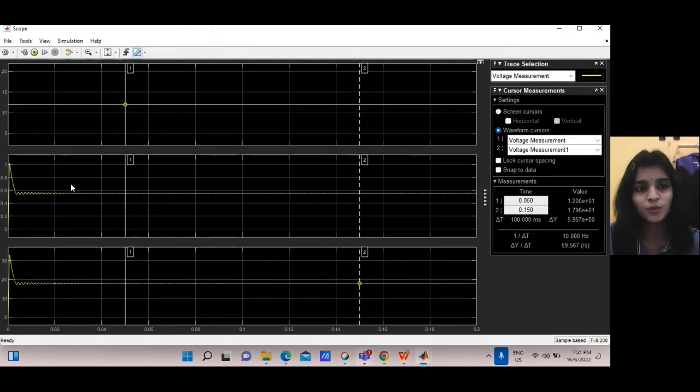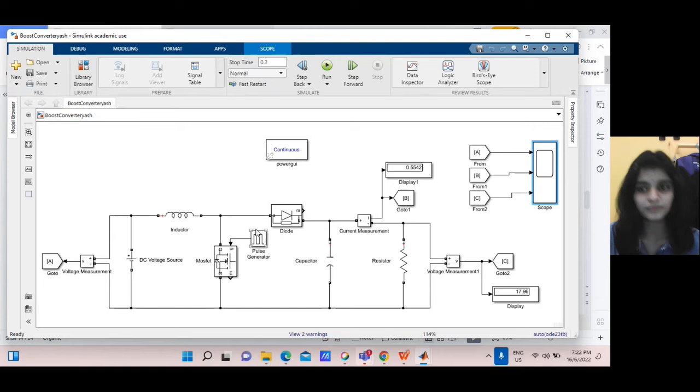This one is the voltage measurement for the input, and the value we get is 12 volt here. And this one is the output voltage measurement graph. So the output we get is 17.96 volt actually. Okay, this is the part for the Simulink.